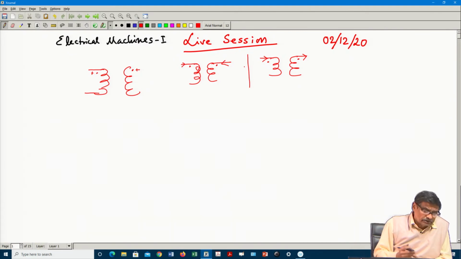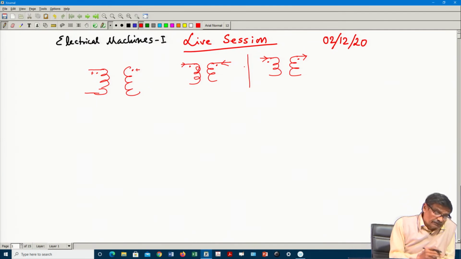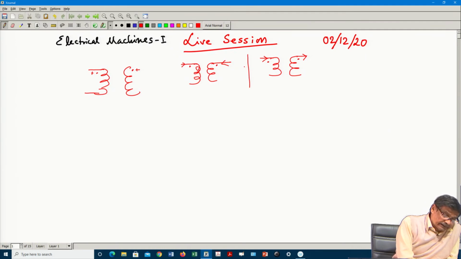This concept of dots of mutually coupled coils is very important, particularly while paralleling transformers and in other situations as well. Read it, then further we can discuss later.